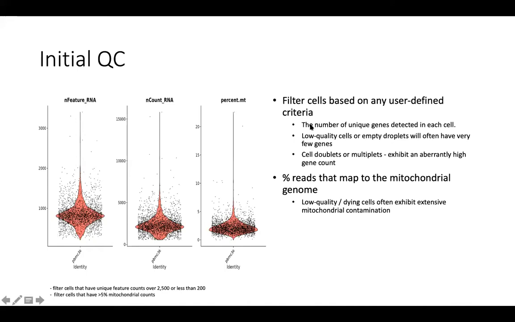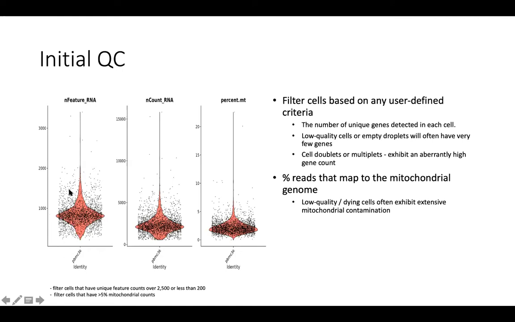And we filter cells based on a number of user-defined criteria, such as the number of unique genes detected in each cell, meaning remove all the doublets and triplets and multiplets, remove empty droplets with no barcodes, or remove low-quality cells with fewer reads, or remove cells that have a number of reads mapping to mitochondrial genome, which could indicate low quality or dying cells.